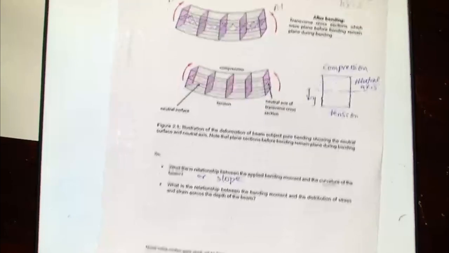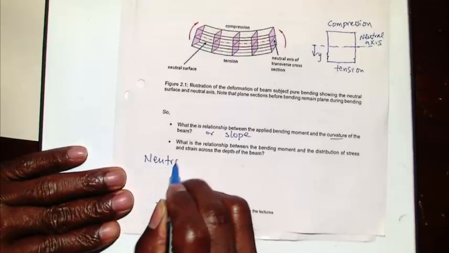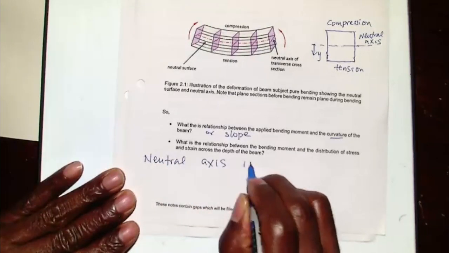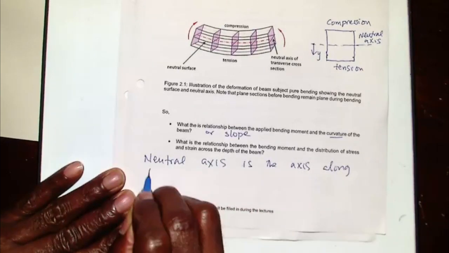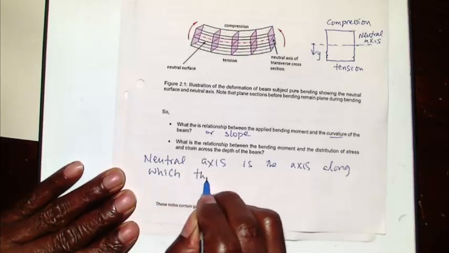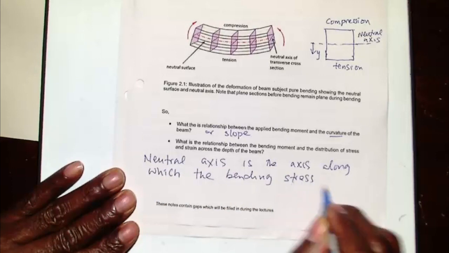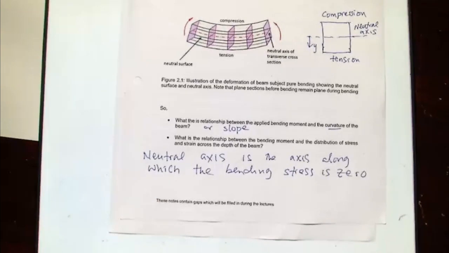I will state there again what neutral axis is. The neutral axis is the axis along which there's no bending stress. It means any line along that will not change in length.